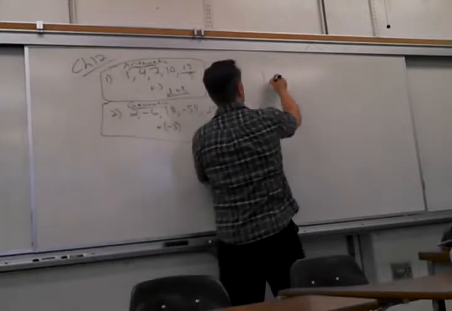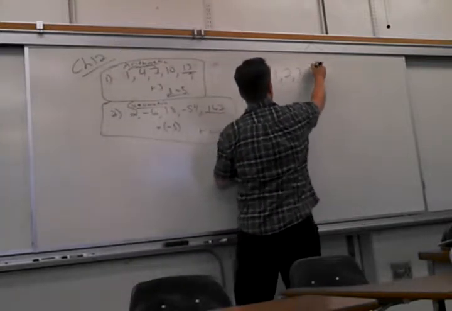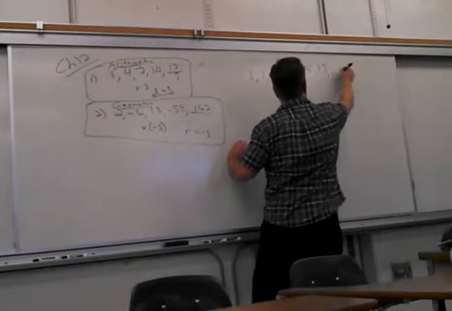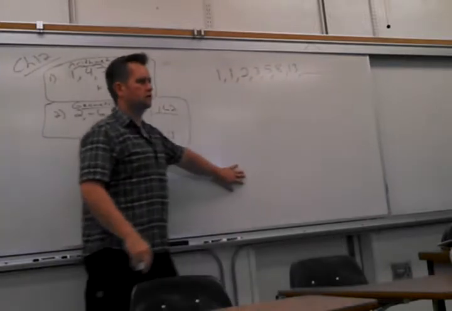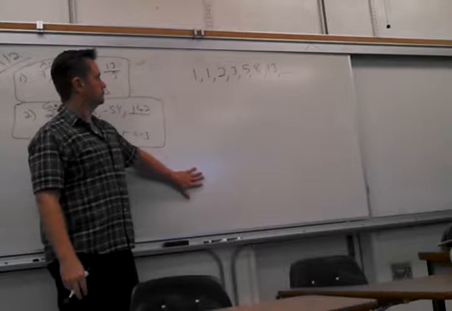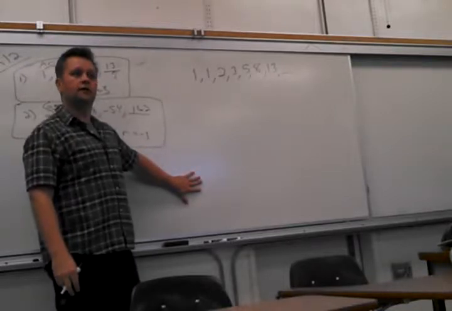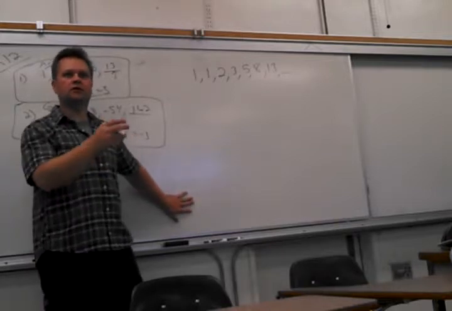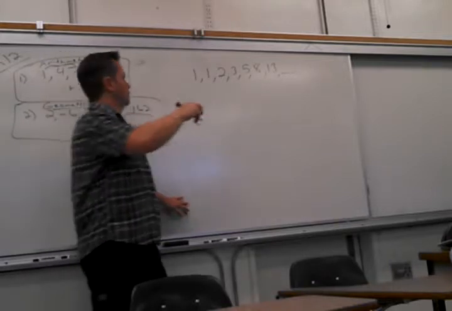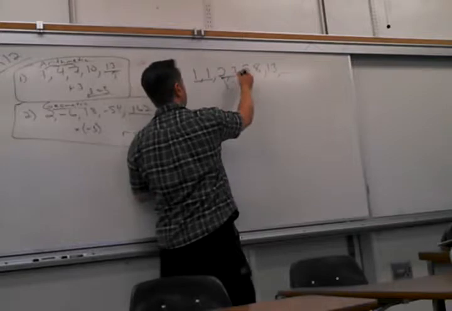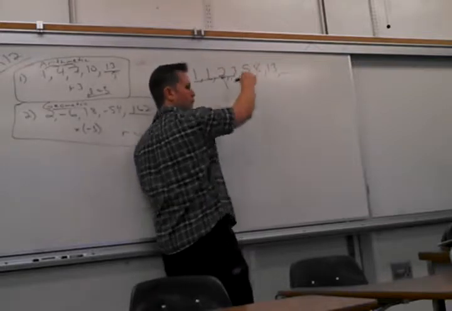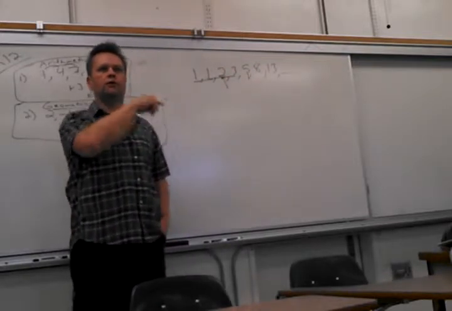But has anybody ever seen Fibonacci? You guys knew where I was going. What's the next term in that sequence? 21. What's the pattern? Add these 2 to get this one, add these 2 to get this, and add these 2 to get this one. Every term is the sum of the ones preceding it.